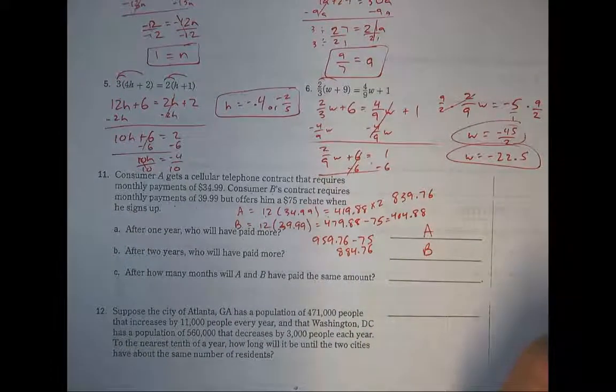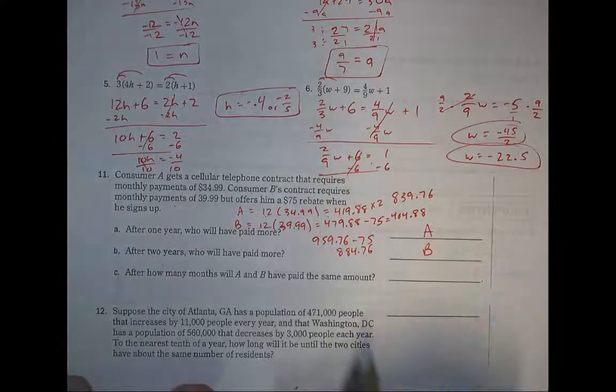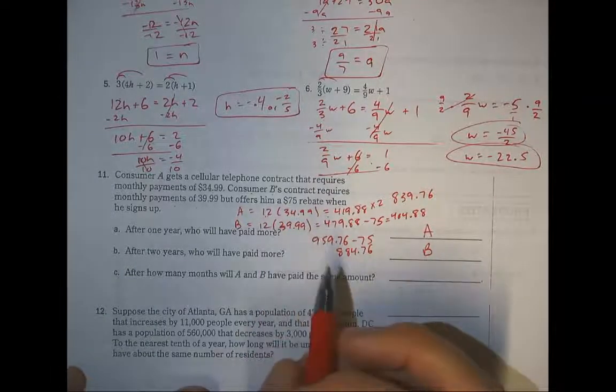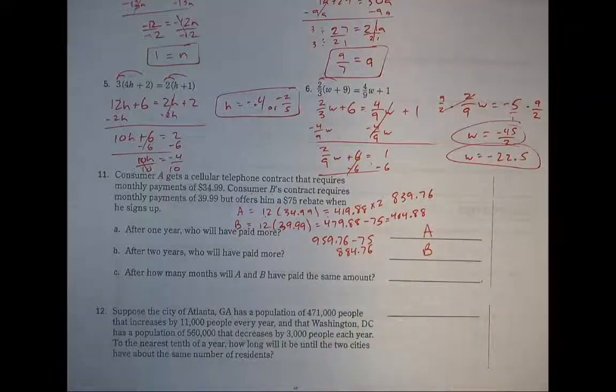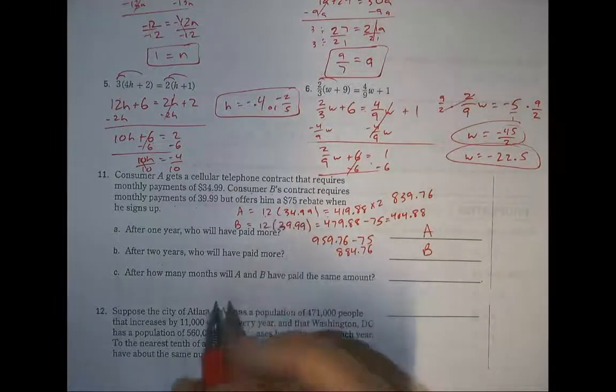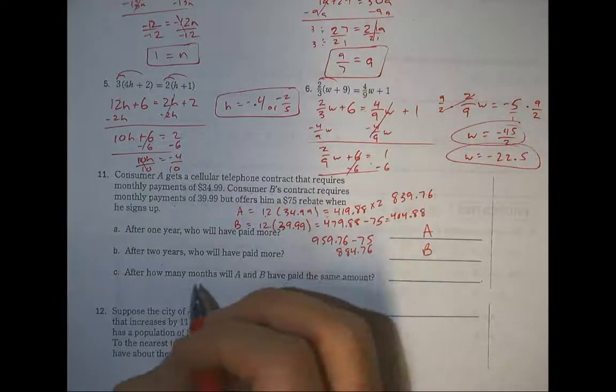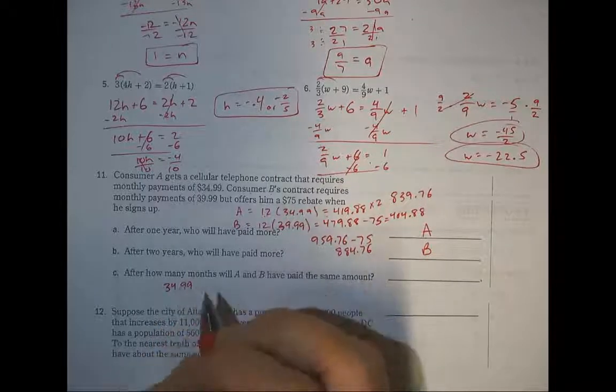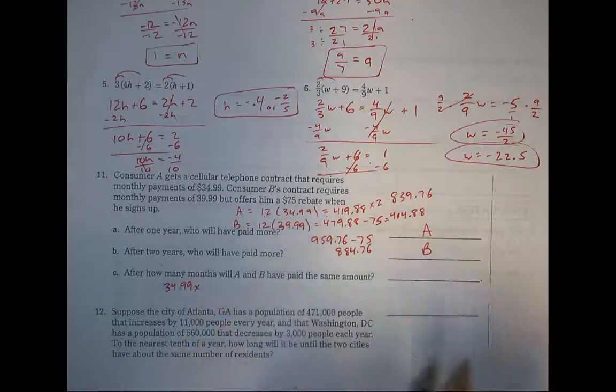So after how many months will they have paid the same? Okay, so we're going to have to write an equation here and set them equal to each other. So our equation here on the first one is going to be $34.99 times the number of months. We'll call that x.